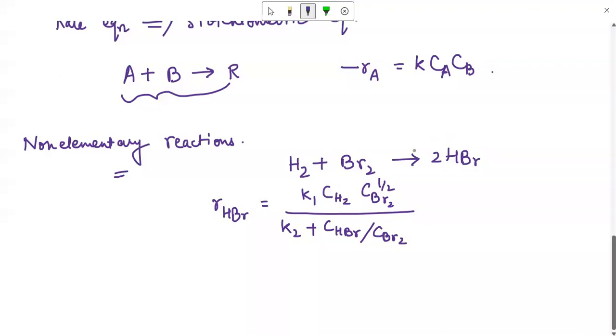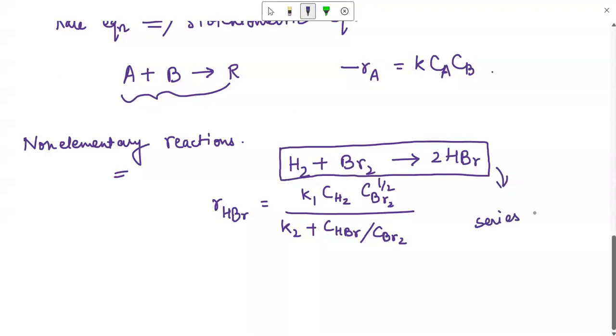That means, from the stoichiometric perspective, we are seeing a single reaction like we understood earlier, but this overall reaction is taking place with a series of elementary reactions in between. So the rate equation does not directly conform to the stoichiometric equation.